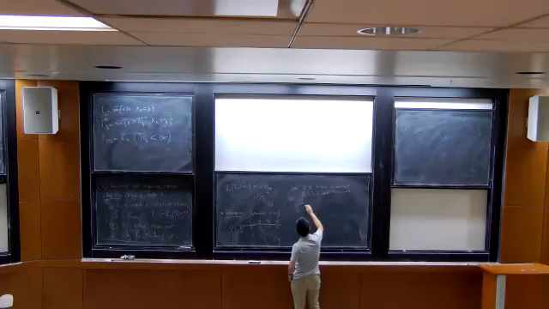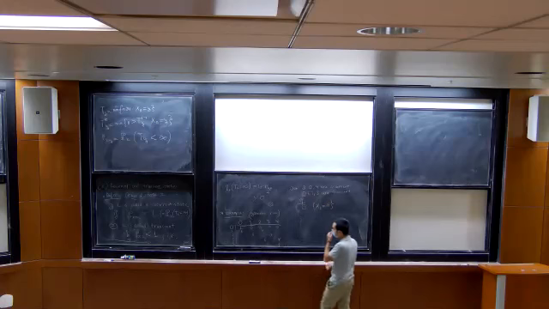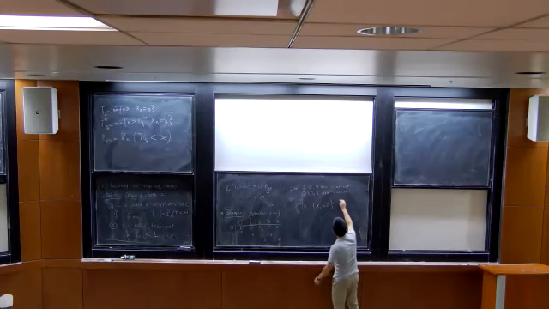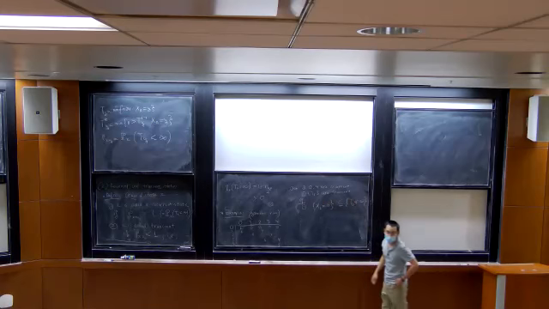We observe the following event: X_1 equals 0. If in step number 1 I hit 0, that implies T_0 has to be finite, obviously.